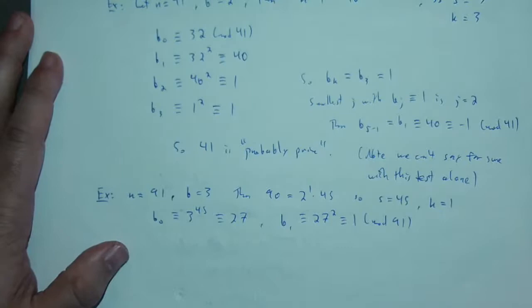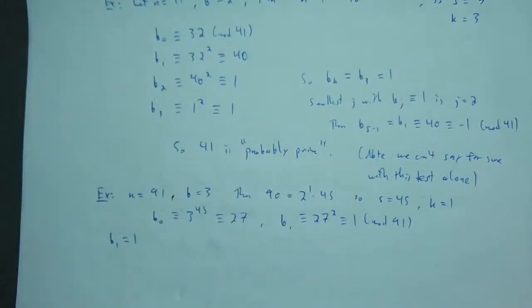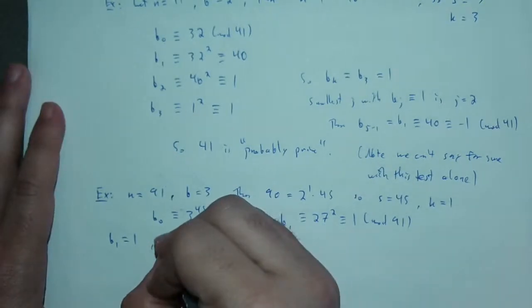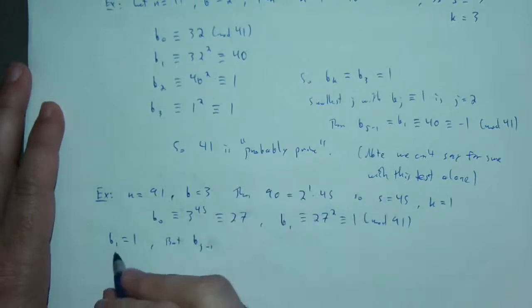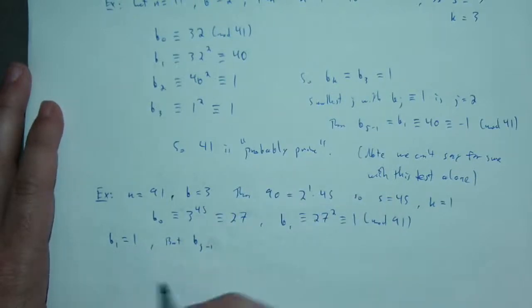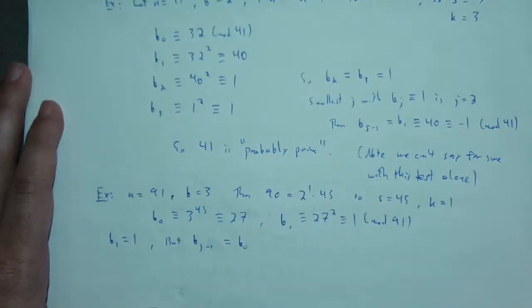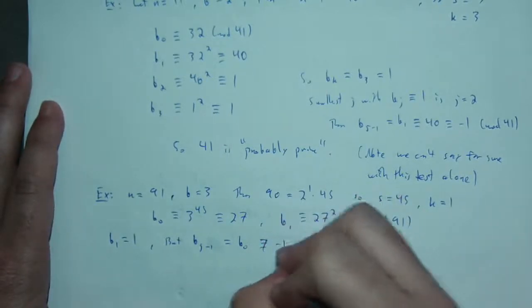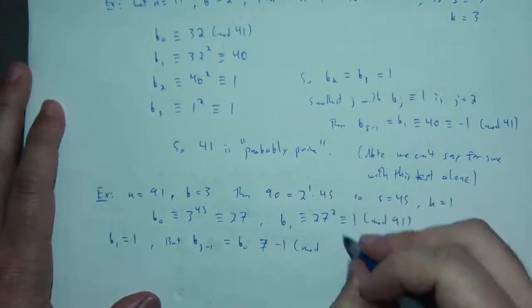So b sub 1 is equal to 1, but b sub j minus 1, with j being the smallest integer for which this is the case, which is 1, is b naught, which is not congruent to minus 1 mod 91.